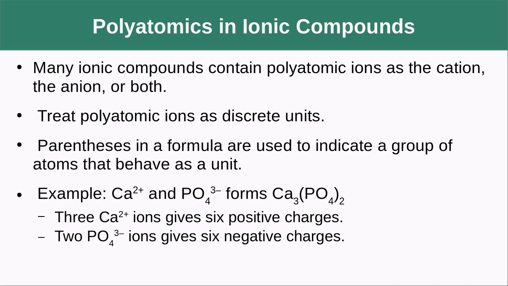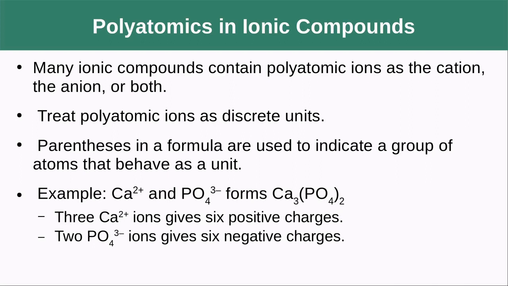So a lot of times, rather than individual monoatomic ions, we're going to have polyatomic ions that we're going to be working with. As we talked about before, the polyatomics are going to be treated as discrete units. And typically they're stuck inside of parentheses in a formula to indicate that they are a group of atoms that behave as one unit.